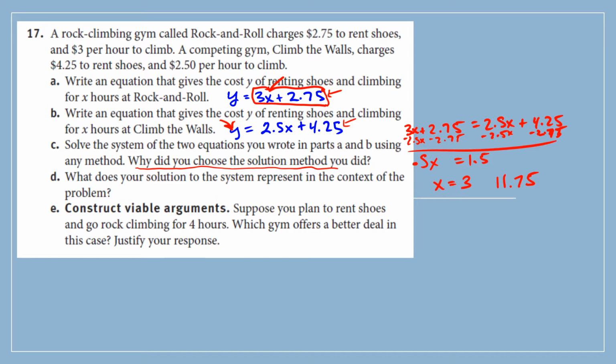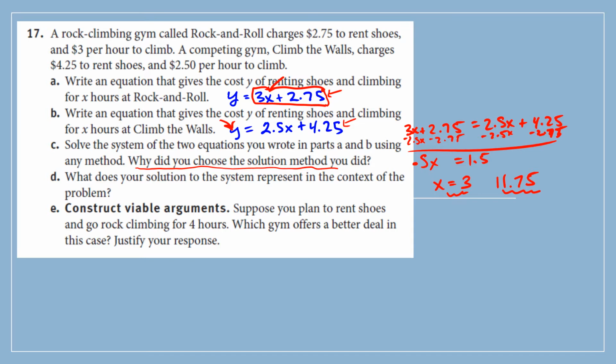What does the solution to the system represent in the context of the problem? Man, I hope you spend some time thinking about this. This is an excellent question. Well, if it's a solution to the system, it makes both of the equations true. So what we found is the amount of hours and the cost that would be the same at both rock climbing places.